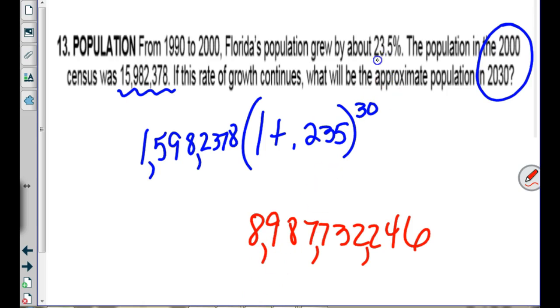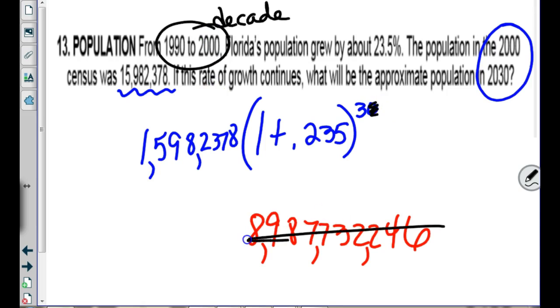I don't think there'd be room for it to keep growing by almost 20. Oh, you know what I did wrong, guys? Oh my gosh, I didn't point that out to you. Look, this is a decade. My bad, so this should only be to the third. Okay, totally messed that up.